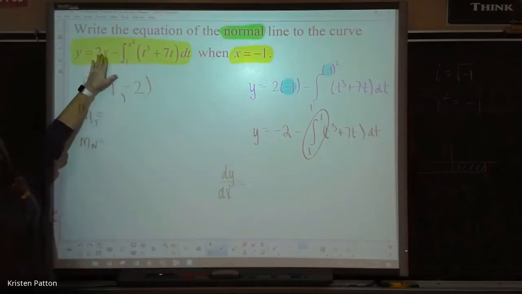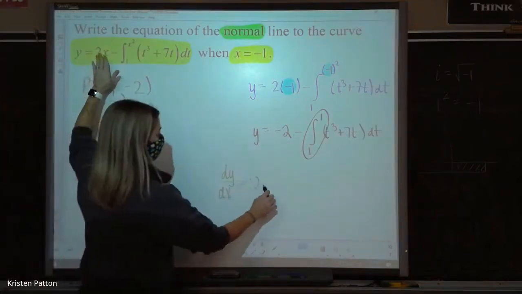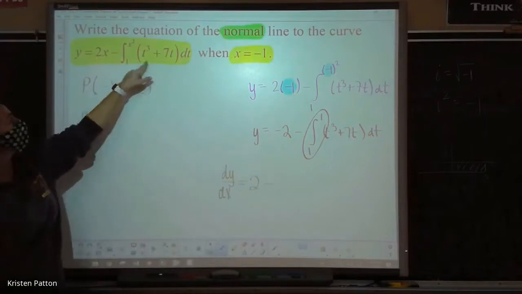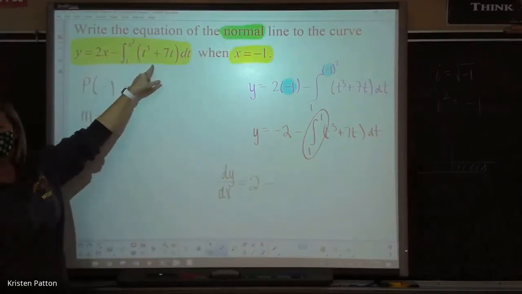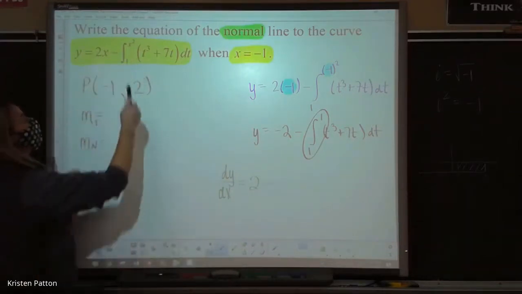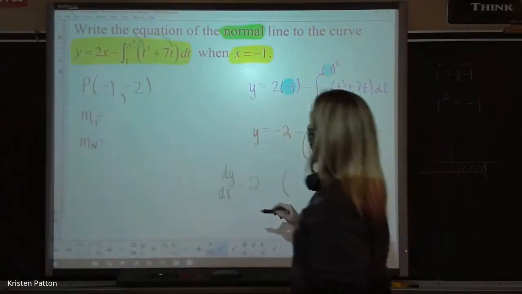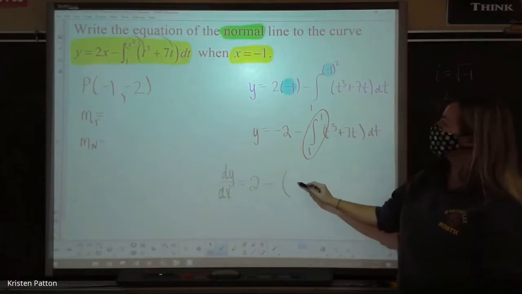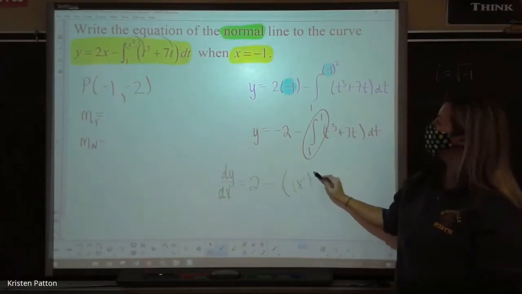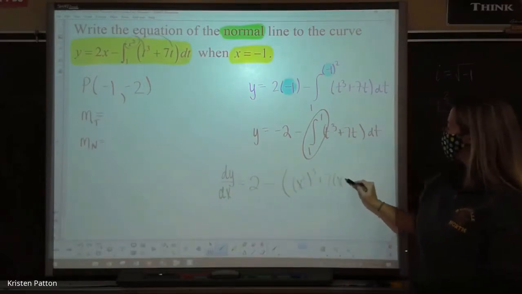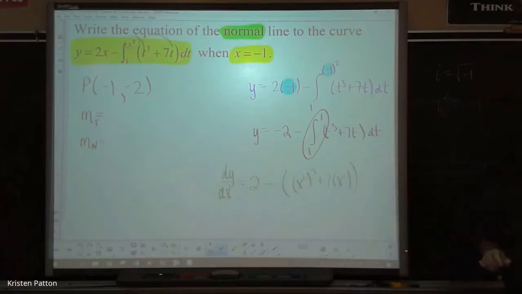What's the derivative of 2x? 2 minus, and we know how, this is our new rule. How do we take the derivative of the integral? We're going to plug that x squared in for every t. Use parentheses. So let's see, we've got x squared cubed plus 7 times x squared. And I know I'm starting to run out of time, but don't forget the chain rule says multiply that by 2x.